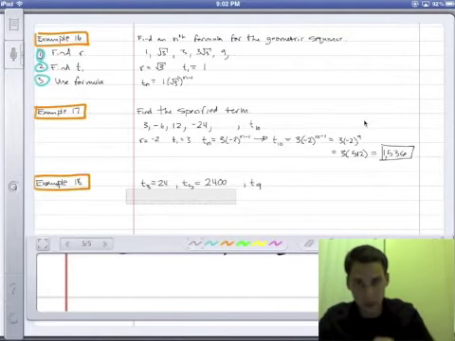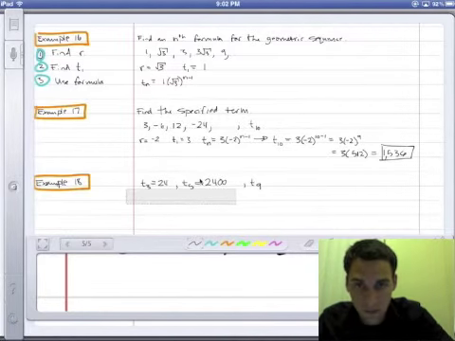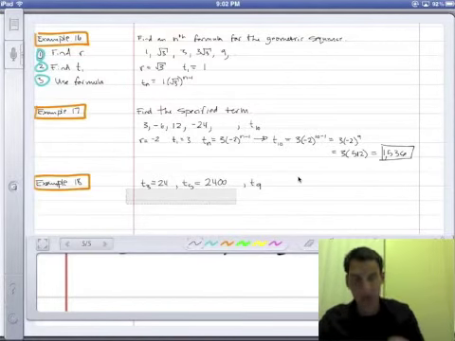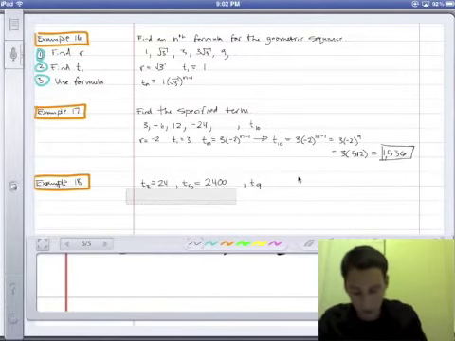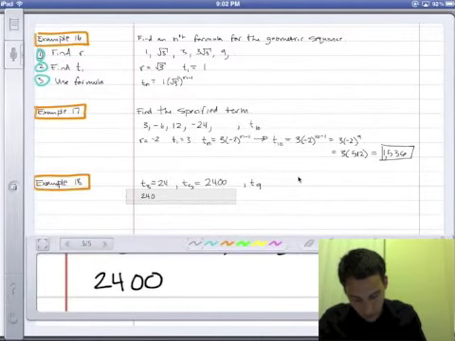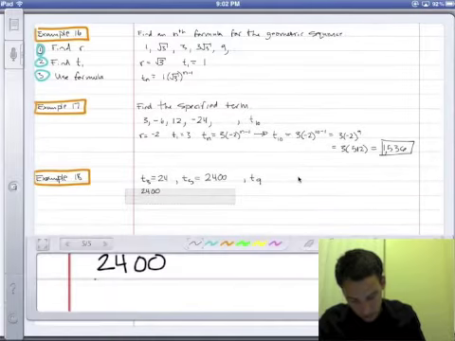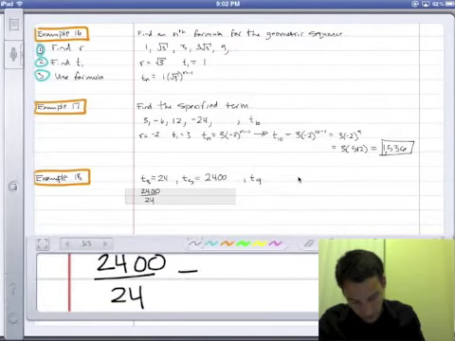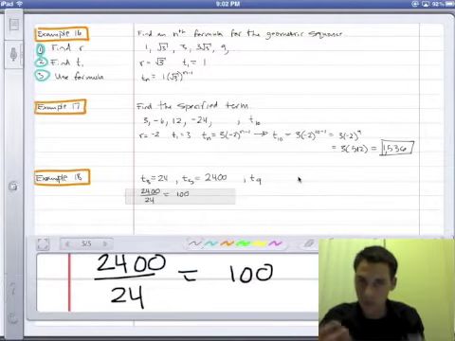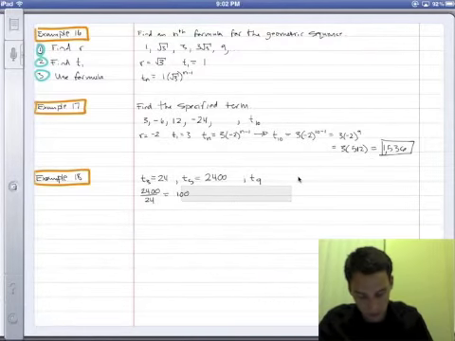So I'm going to take the later term and divide it by the earlier term. And this will eventually help me get r. So I'll have 2,400 divided by 24, and that equals 100. So this is the first part, getting r.